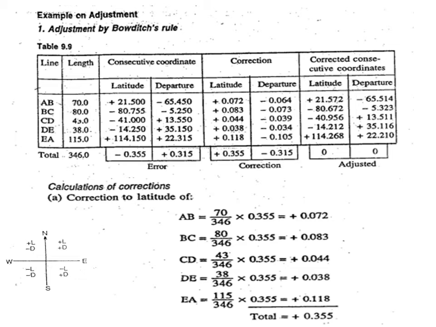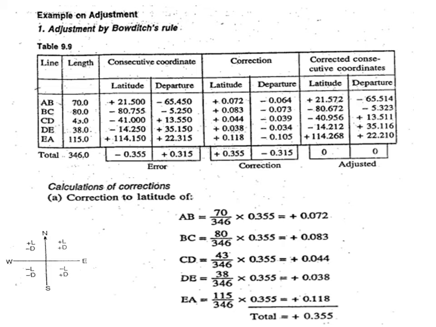This way we can distribute the error, and accordingly they are written in the correction of latitude column: 0.072, 0.083, 0.044, 0.038, 0.118. So likewise we have entered them in the correction table of latitude.